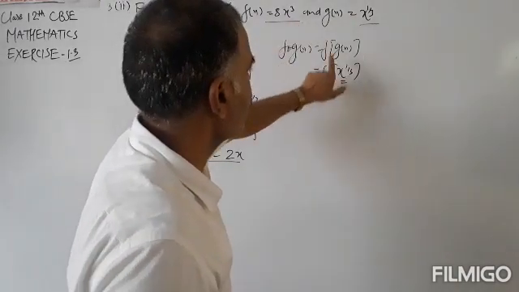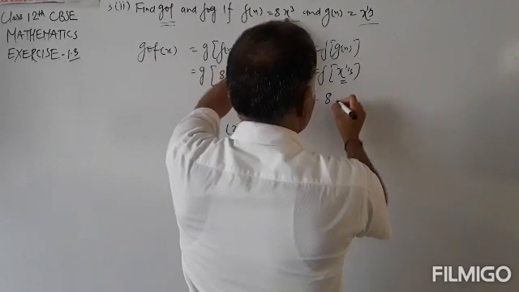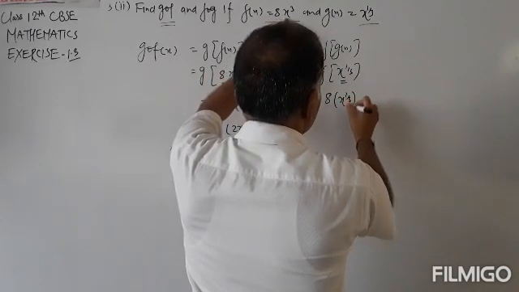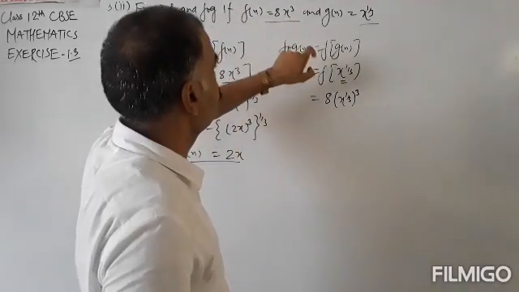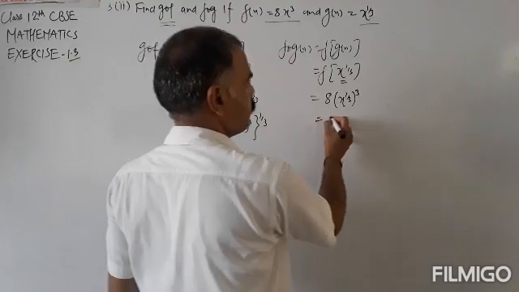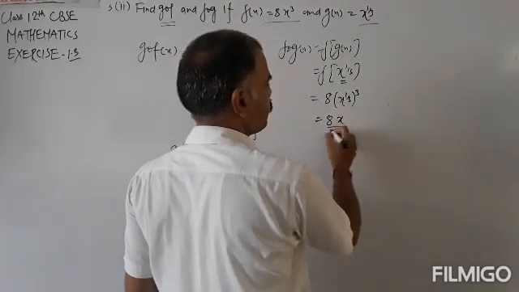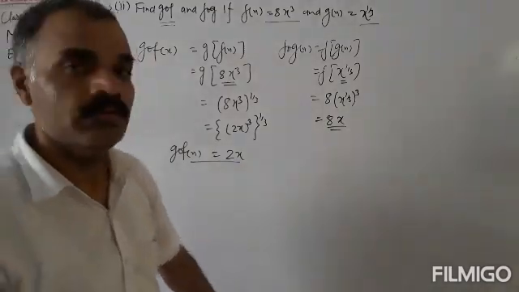So the image of x to the power 1 by 3 under f is 8 times (x to the power 1 by 3) cubed. So this equals 8 into x. So f o g of x equals 8x and g o f of x equals 2x.